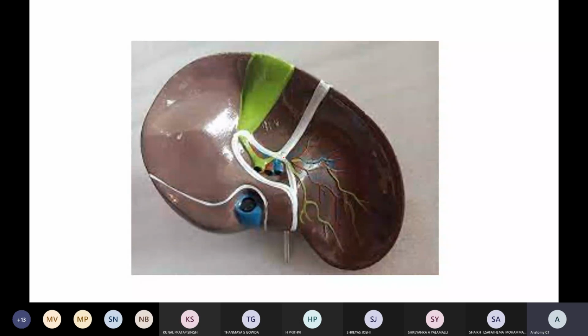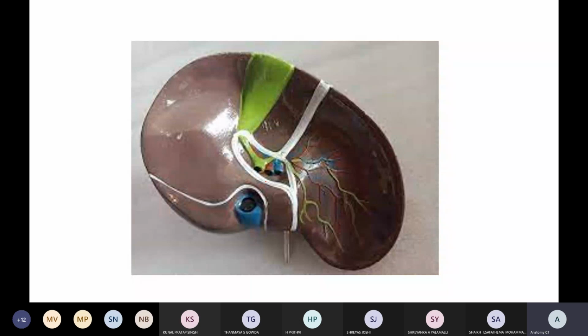It means bile is coming out, the artery is going inside, and the hepatic vein is also coming outside. Those are the three important structures at the entrance or exit of the liver, which is also not covered by the peritoneum. That is also called a bare area.